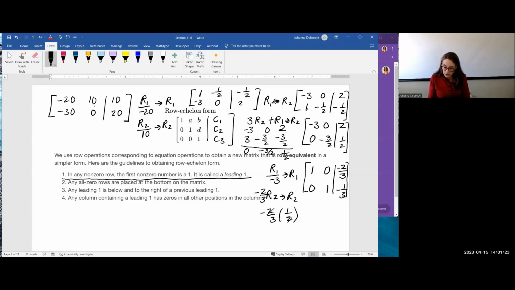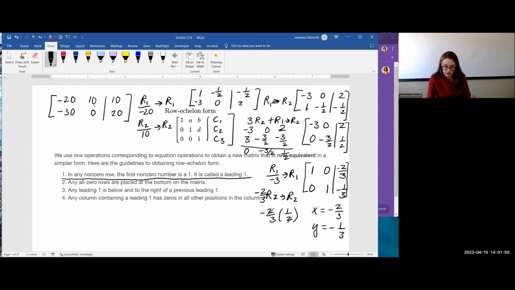And if I look at this and I put it back into a system of equations, this says x equals negative 2/3, y equals negative 1/3, which tells me that I have my solution, my ordered pair, negative 2/3, negative 1/3. So let's go over again what row echelon form is, and then we'll compare it to reduced row echelon.